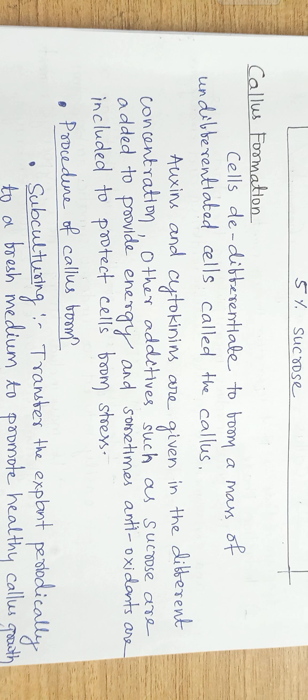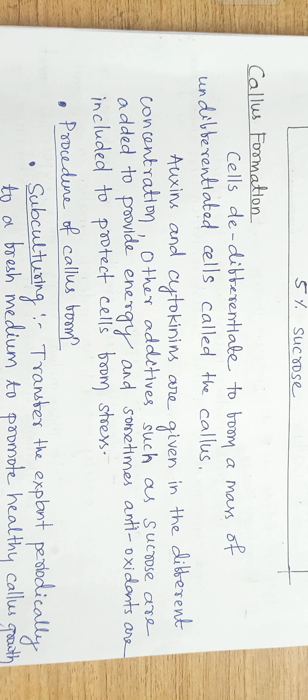Leaf is a specialized organ, and that specialized organ cell will de-differentiate. That means it will slowly come into the generalized structure of a cell, and from that cell it will again re-differentiate. Re-differentiate means from that generalized cell it is again going towards specialization, that means root formation, shoot formation, leaf formation, stem formation.